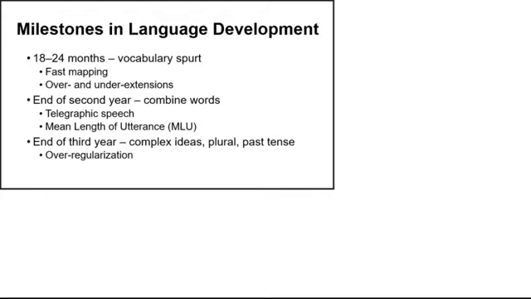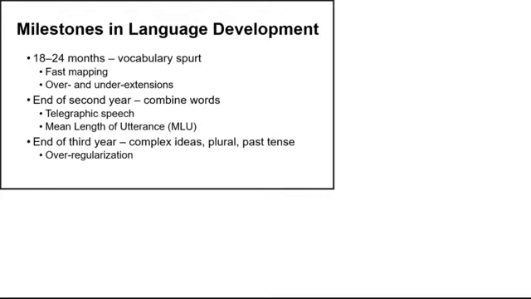This is just basically saying how long are their phrases at particular ages. So if you were listening to a child speak and you wanted some kind of measure of the complexity of their ability to communicate, you could use this MLU, where telegraphic speech is probably 2 words per utterance.